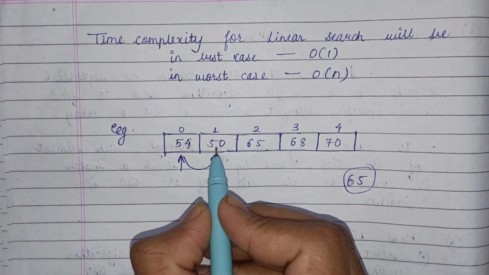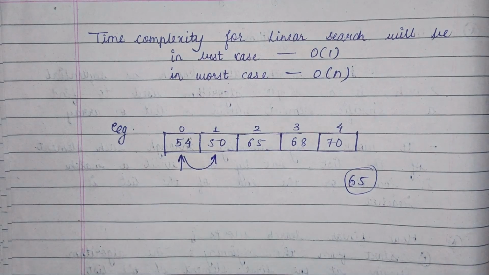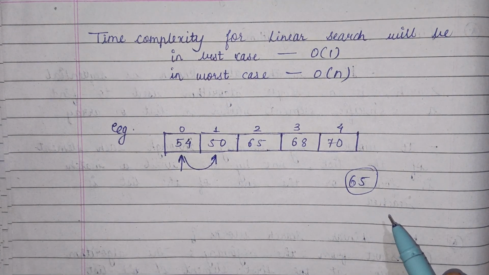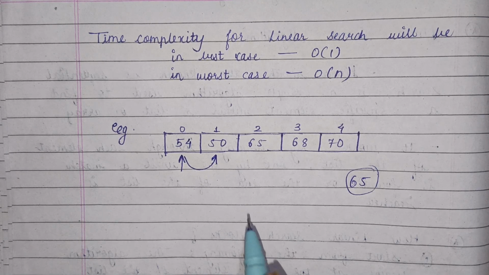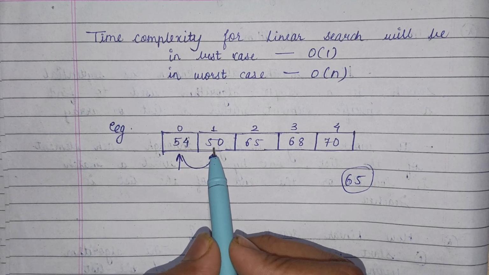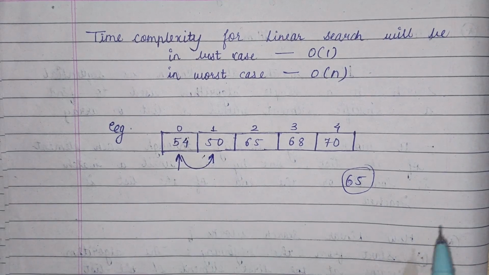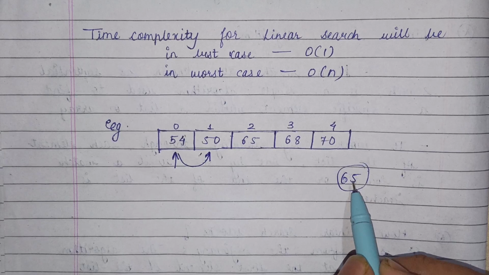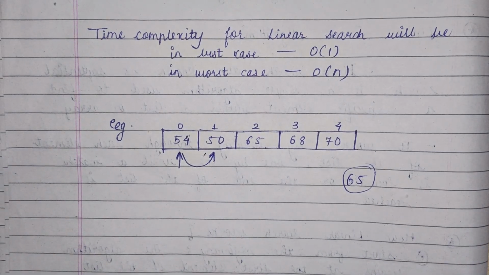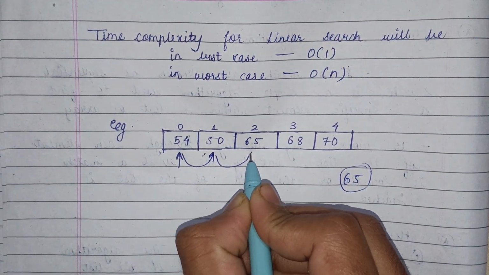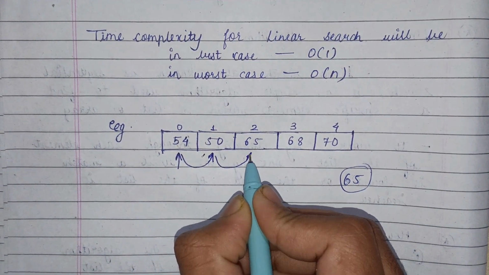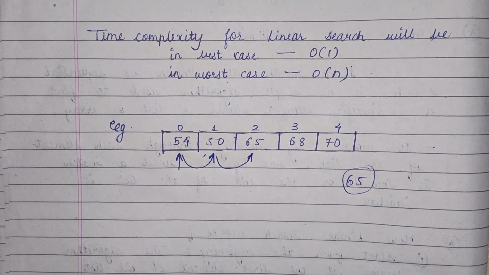If data of 1 is equal to the targeted element, then it will return true. But here the 50 element is present and the targeted element is 65, so it is not found, then it will move to the next block of the array.